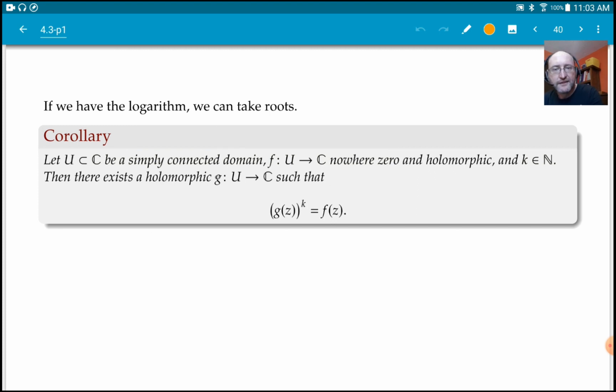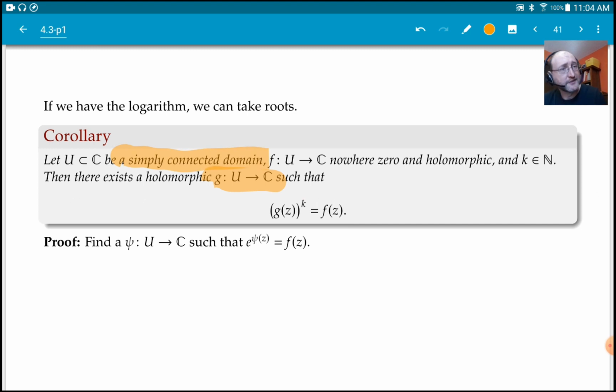Then there is a holomorphic g such that the kth power of g is f. So g is one of the kth roots of f. And this g is defined on U. It's holomorphic on U, not just locally. That's the whole power of this being simply connected.